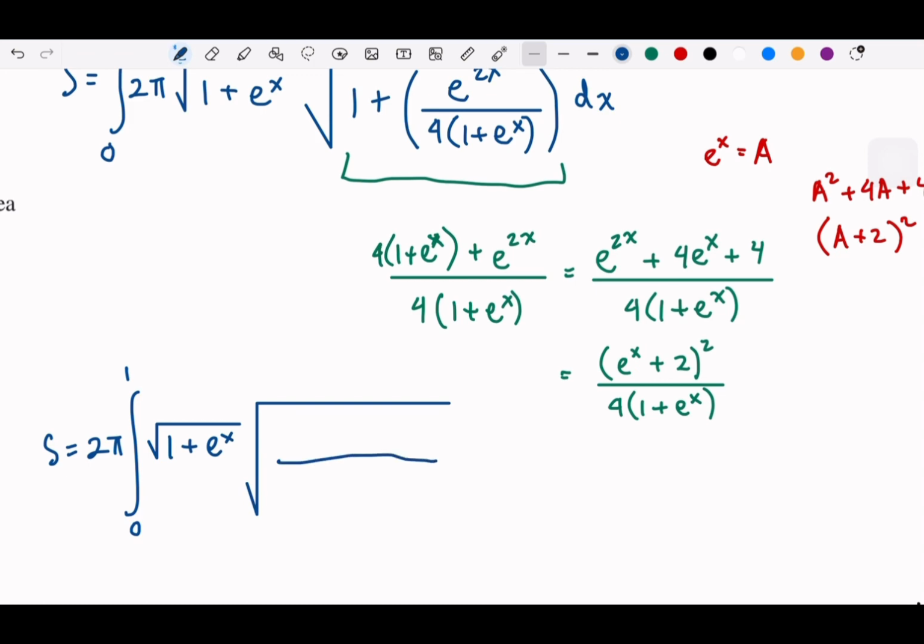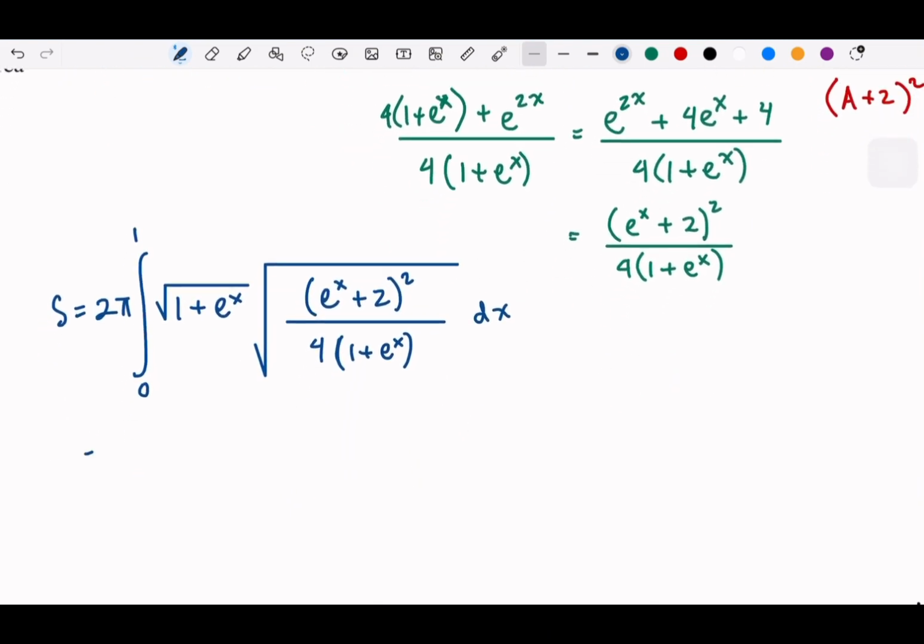These are the factors. Why am I writing the square root? Wait. Okay, this should be this, right? And then the x. Okay.